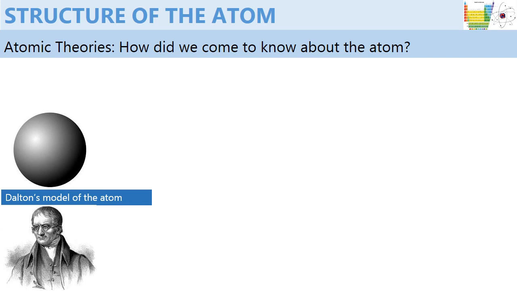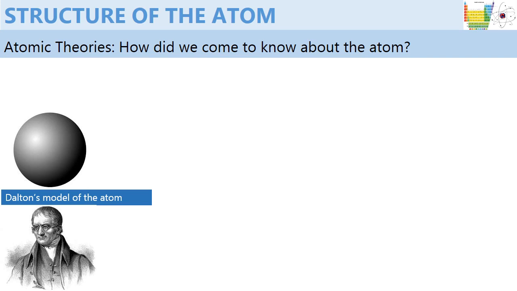He also noted that atoms can neither be created nor destroyed. Also, all atoms of an element are alike in terms of properties and their size. However, atoms of different elements have different sizes and masses.